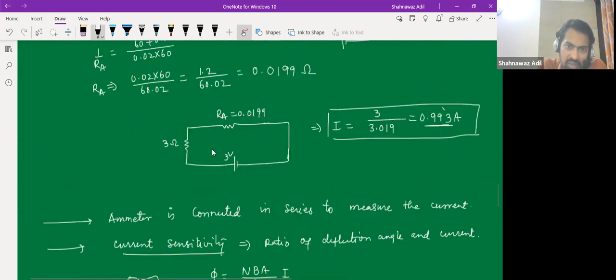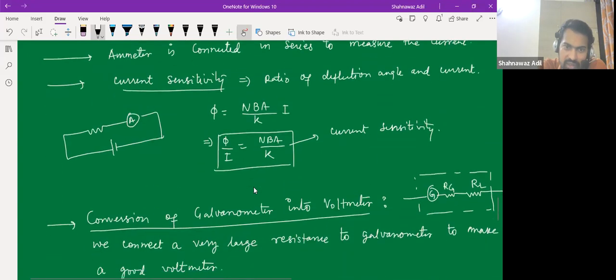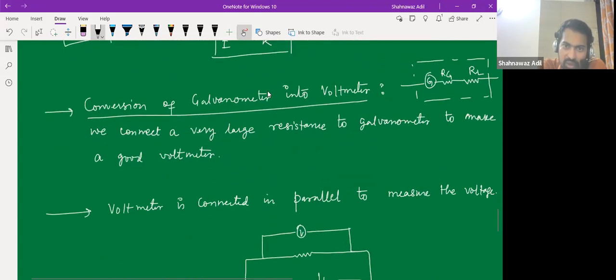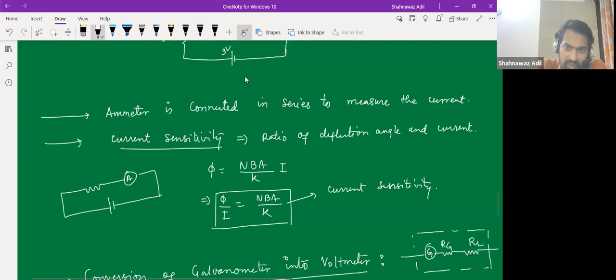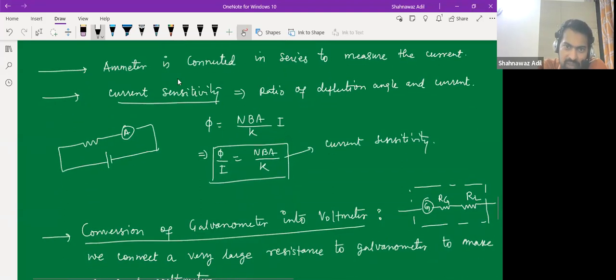Okay, so this was the last topic. Did you guys note down this part? Okay, this part you have not noted down, so quickly note it down.